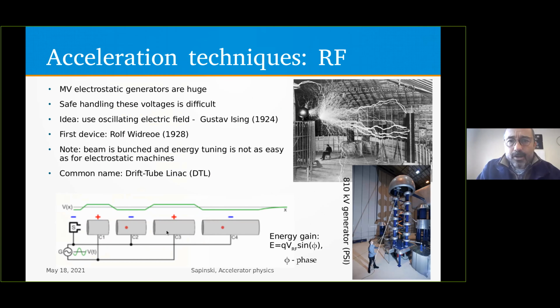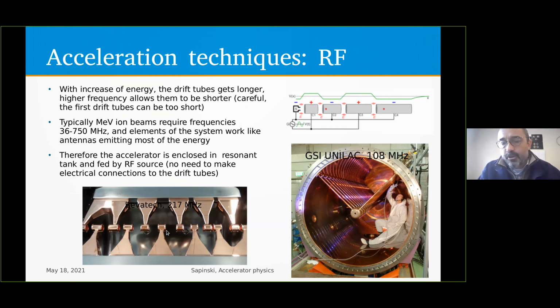So this is the RF acceleration technique that was explained before. We have these drift tubes and acceleration happens in the gaps between drift tubes. Everything is in a huge metallic tank, and this metallic tank is a resonant tank. So we do the acceleration at a certain frequency, and we enclose the acceleration system in the resonant tank, which has the same resonance frequency.